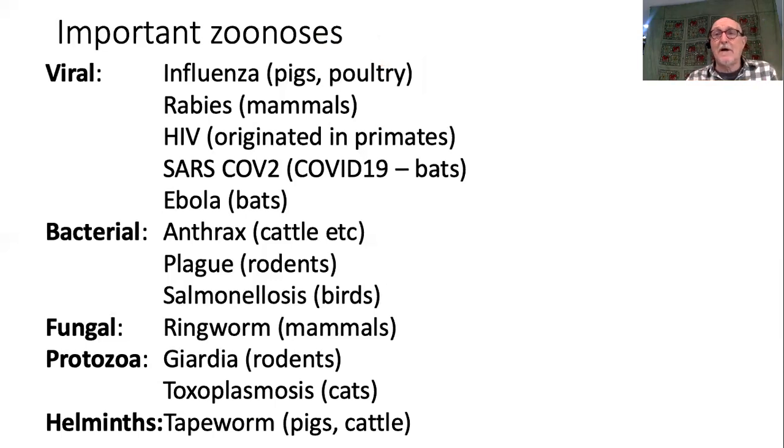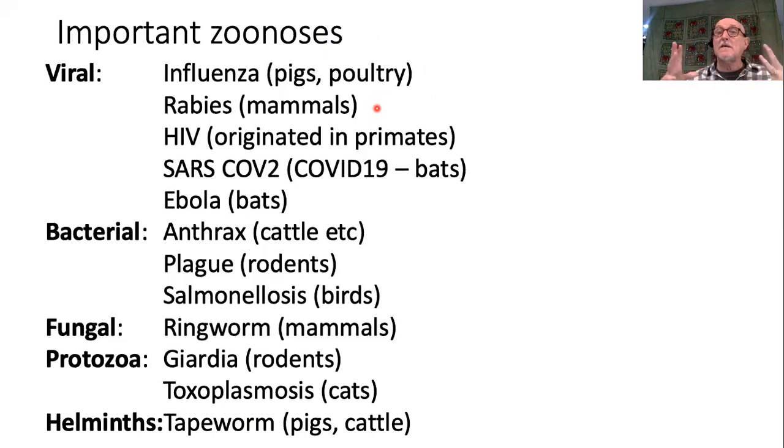There are many other viruses which spread from animal reservoirs. One of them is rabies. Rabies exists in many, many mammal populations. It can infect almost any mammal.